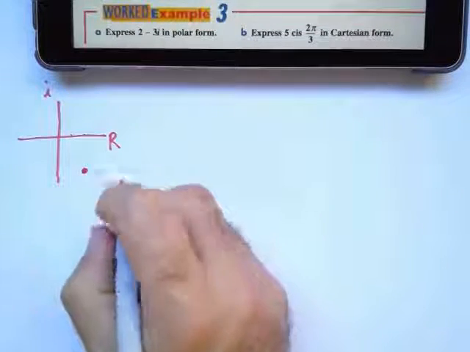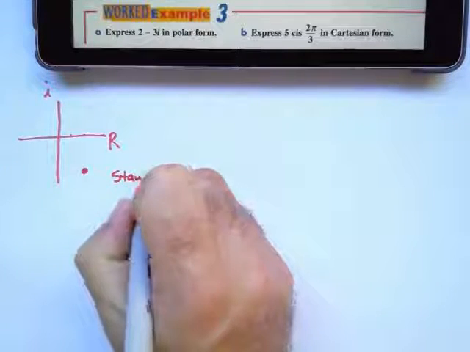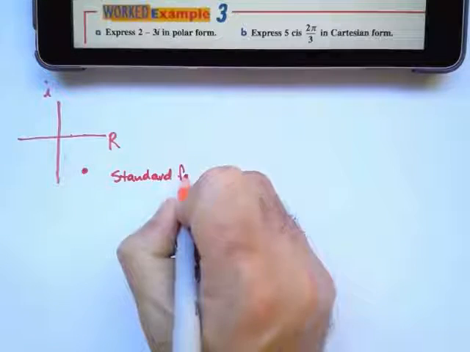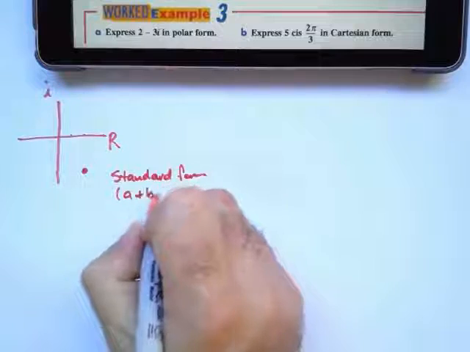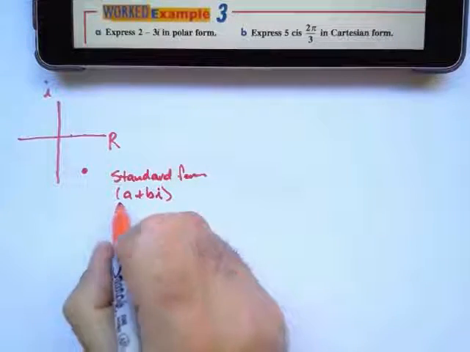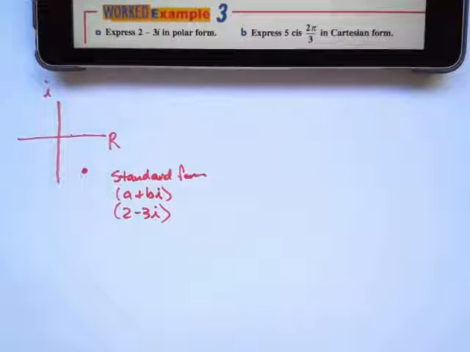I can either have it in the standard form, and the standard form is a plus bi, which this is. This is 2 minus 3i. The other way of doing it is to write it in the polar form.